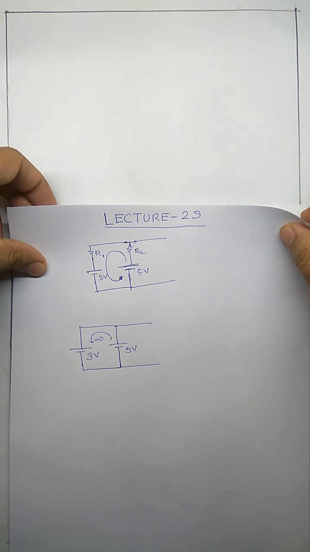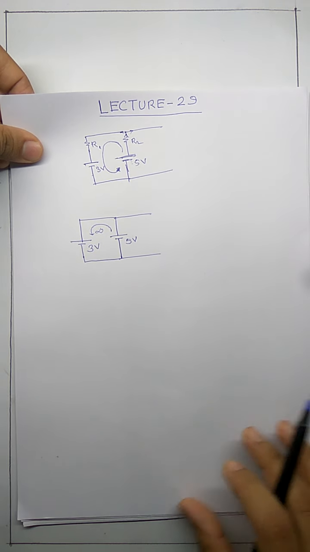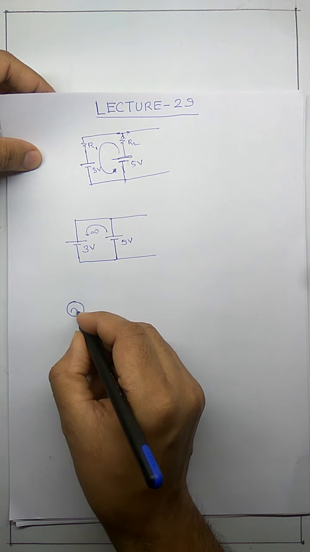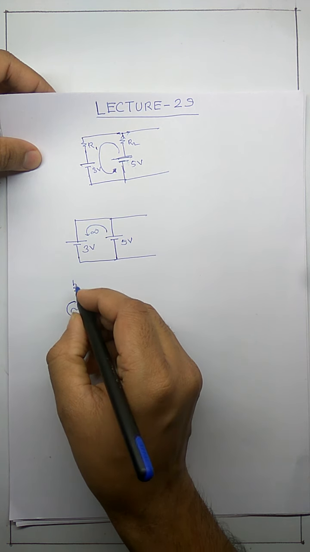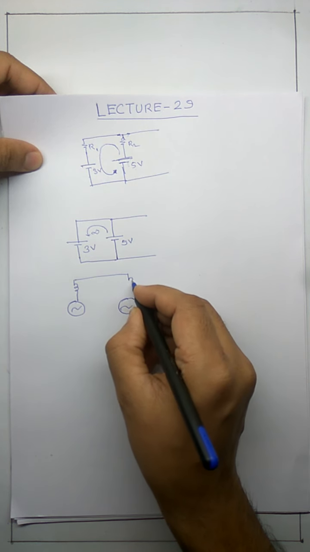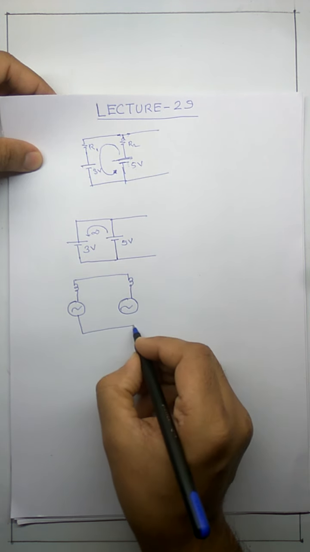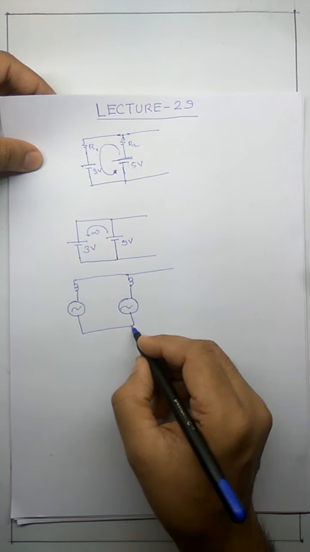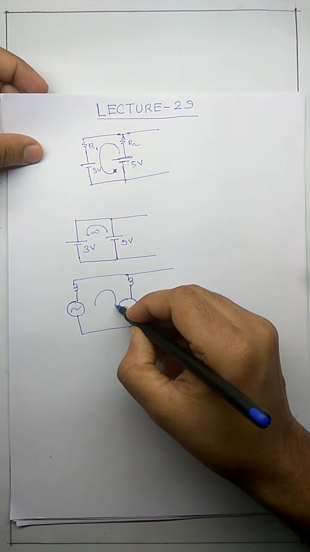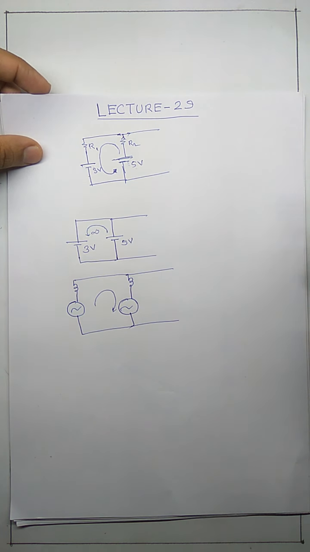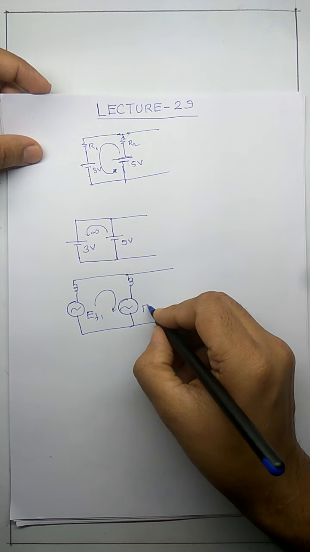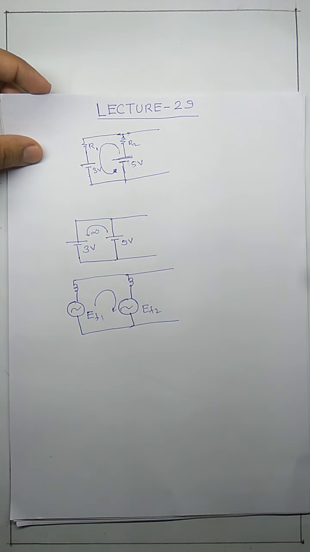If we want to connect two synchronous machines in parallel, and we want the circulating current here to be minimum or 0, then let's say that this is EF1 and this is EF2.